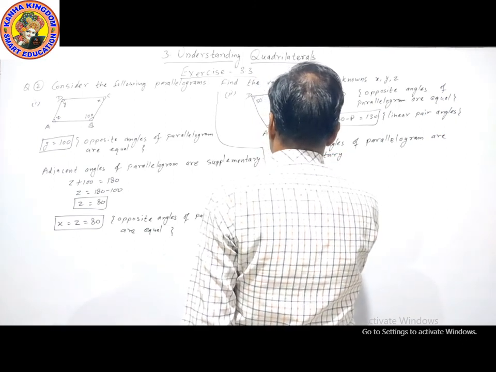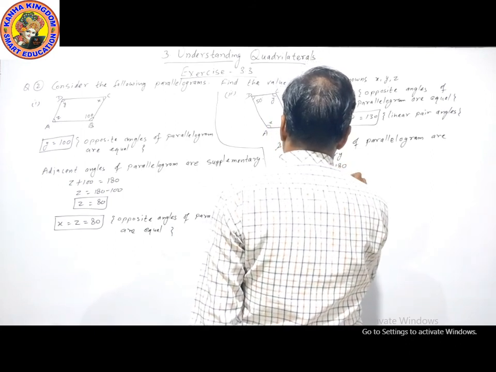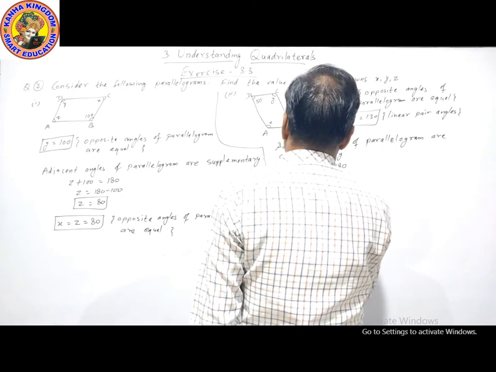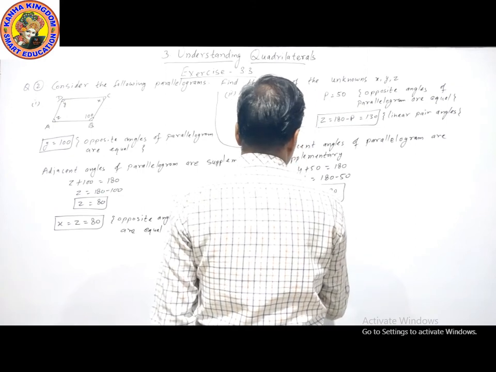So y plus 50 is equal to 180, y is equal to 180 minus 50, y is equal to 130. The angle y is equal to 130 degrees.